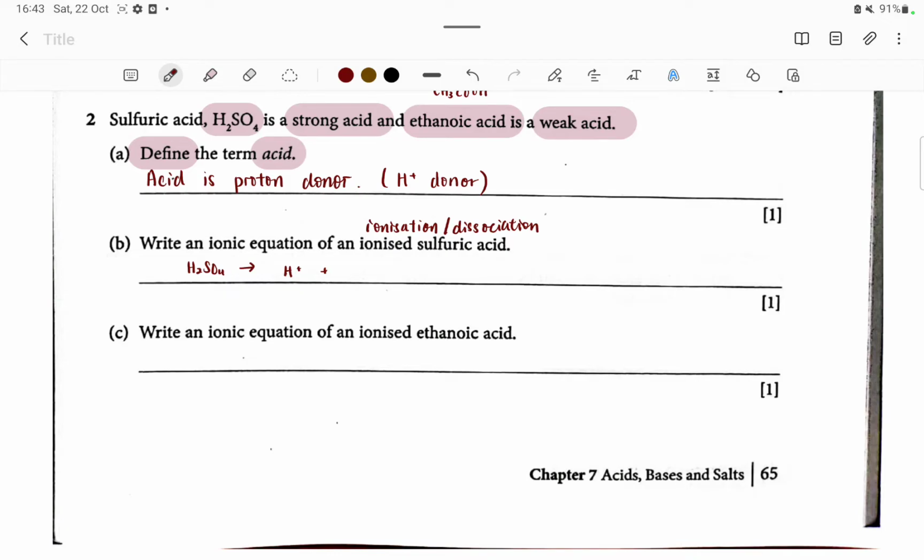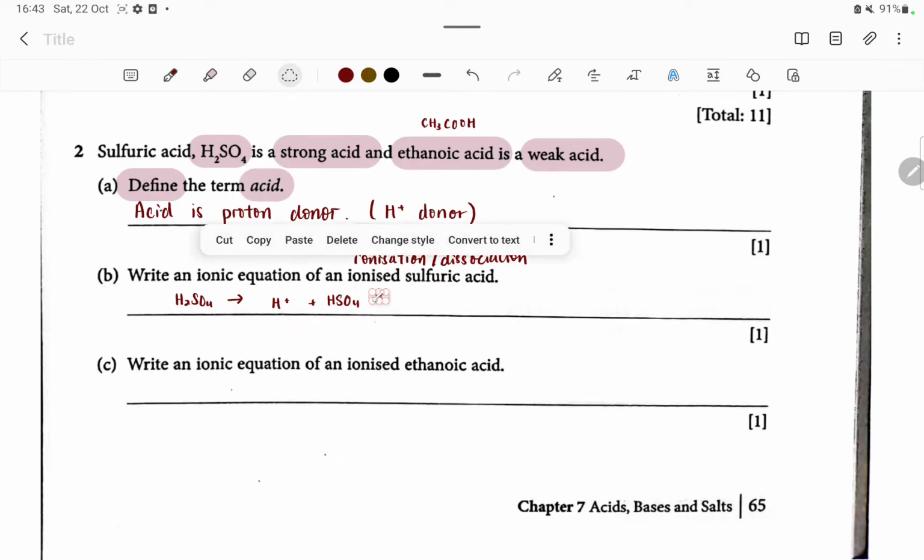So this one plus, so this one should be minus, to make it neutral over here. Okay, so this one is H, because only 1 H is taken out. So SO4 minus.